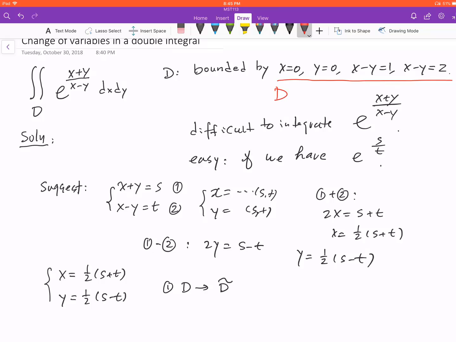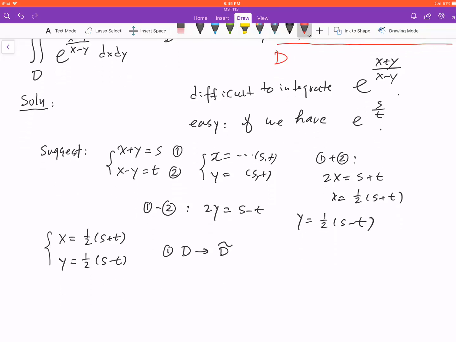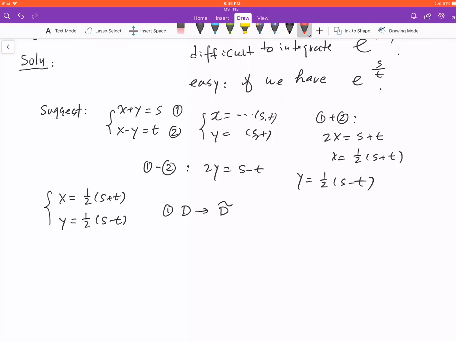How do we do that? We will just replace x, y by s and t and figure out 4 new lines, or in general 4 new curves, and then we try to see what kind of domain we have. Okay. So let's first look at D, even though it's not necessary, but it always helps.